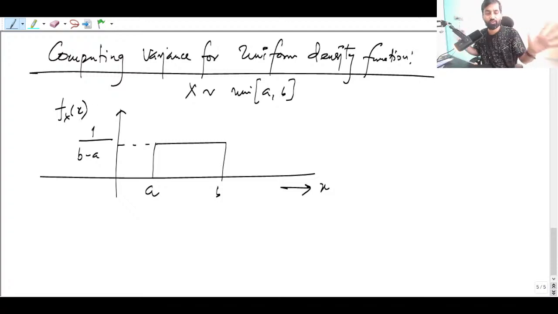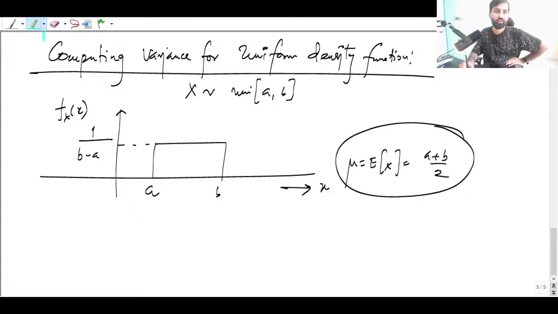Don't write analytical expressions or formulas, just draw the graph, so that you can estimate the mean. Here the mean mu, or the expectation, is going to be (a + b)/2, exactly at the midpoint. But how do we compute the variance?